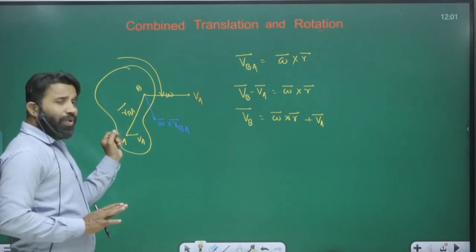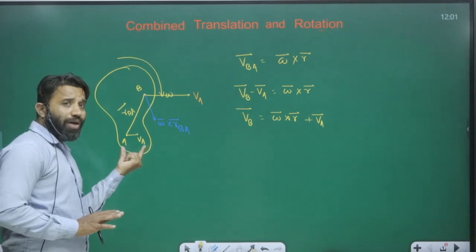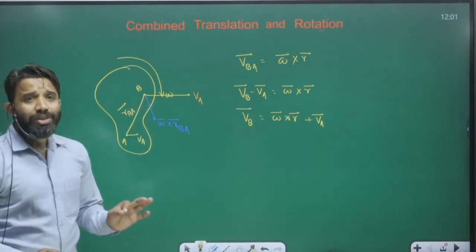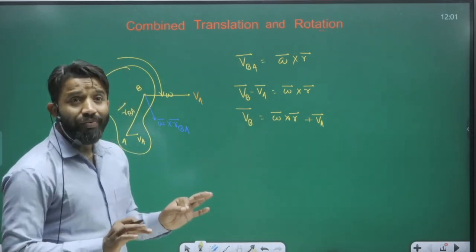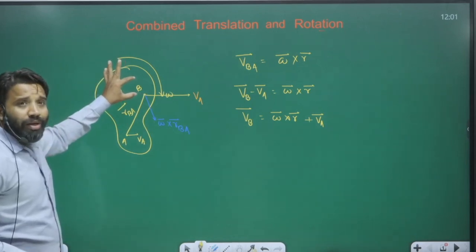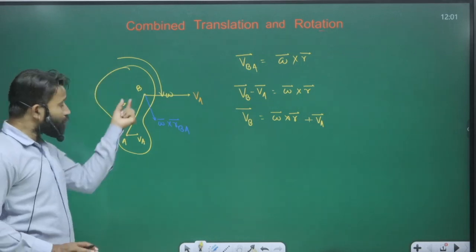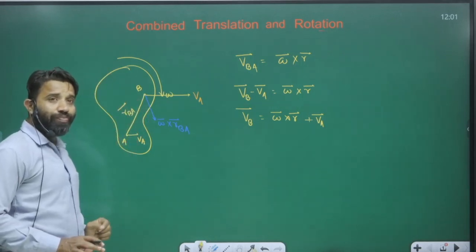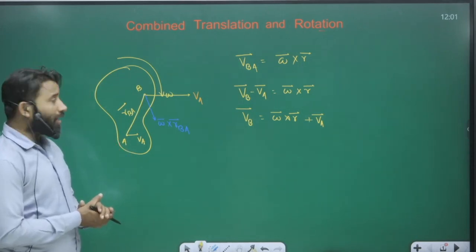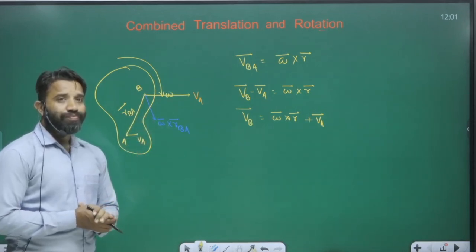Now we have considered a point A that has velocity VA in the forward direction and another point B which has a position vector RBA, that is position vector of B with respect to A. So for this point B, if you observe it sitting at point A, you will find that this point B is performing circular motion.